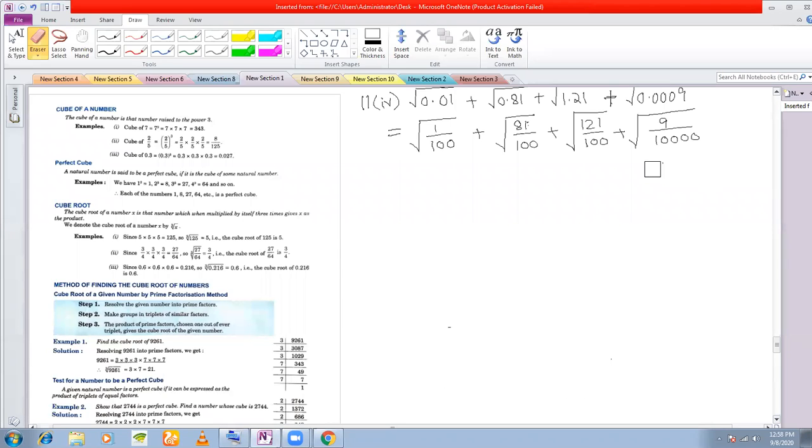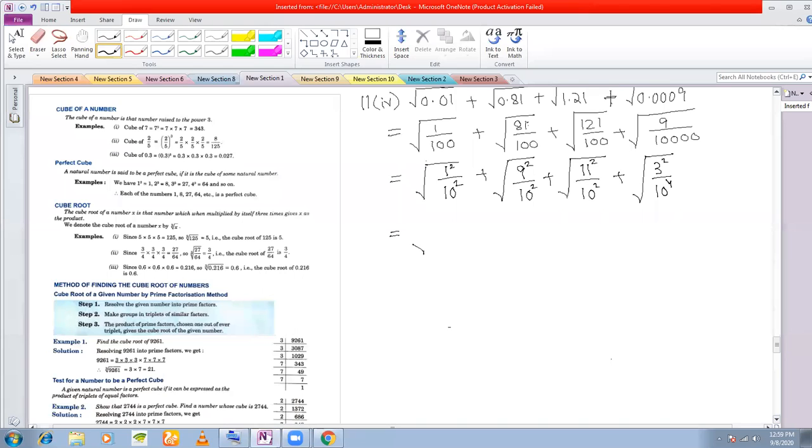What you can do here is write this as root over 1 by 10 square, or better still, root over 1 square by 10 square. This you can write as 9 square by 10 square, this as 11 square by 10 square, and this as 3 square by 10 to the power of 4.